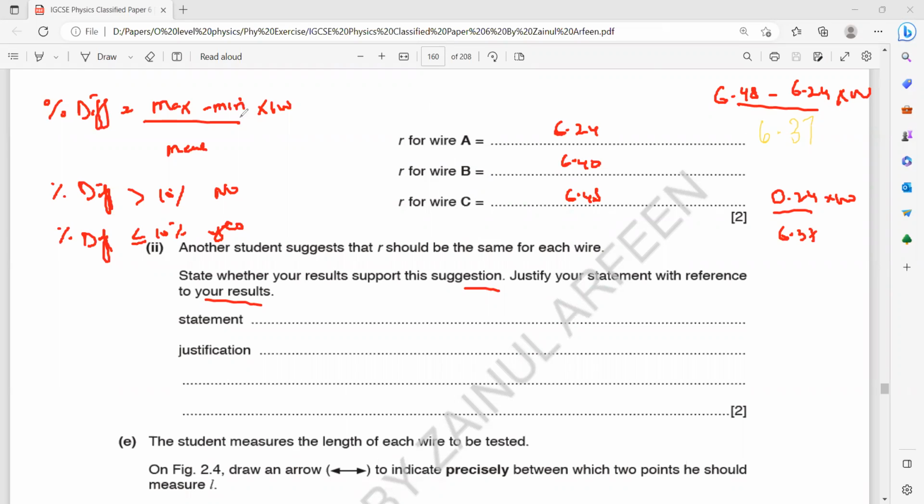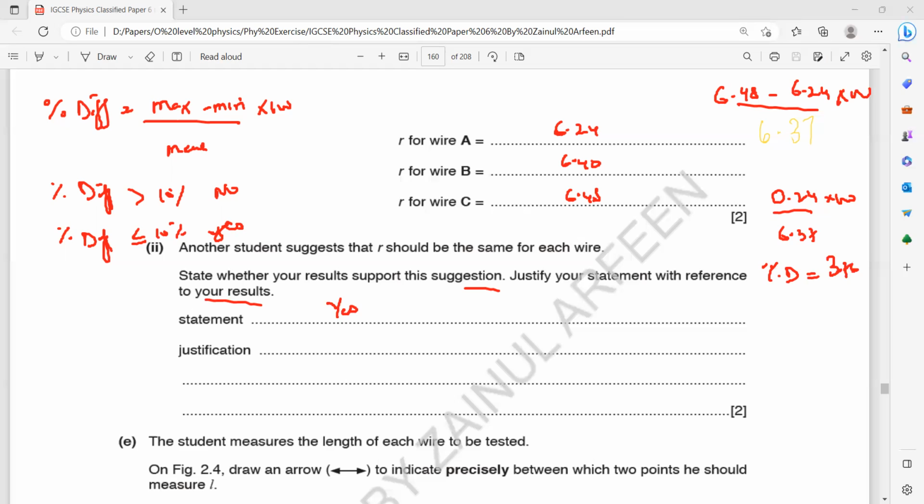So what's the percentage difference when you solve? It is 3.76. So we will say yes, within the limit of experimental accuracy, the values are equal.